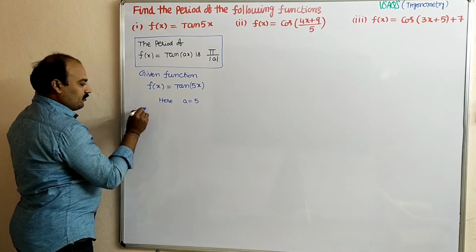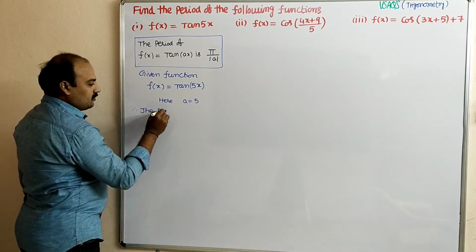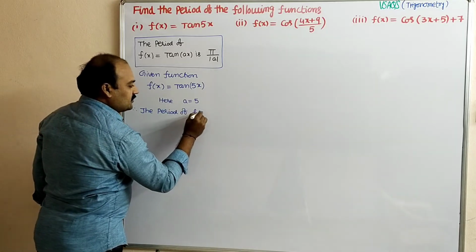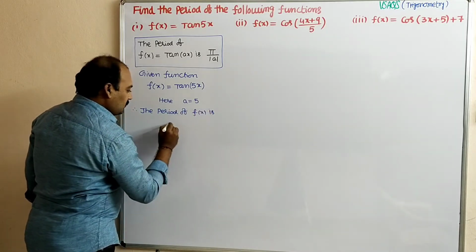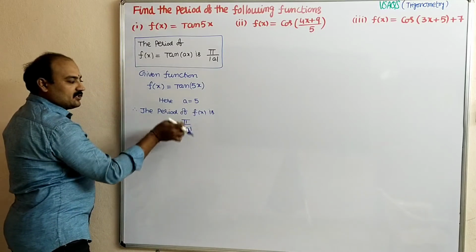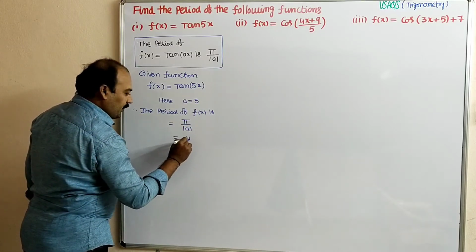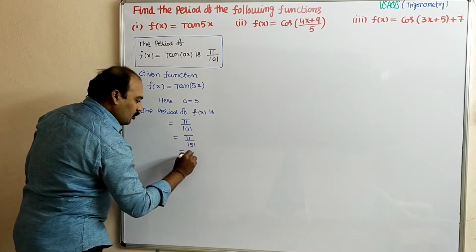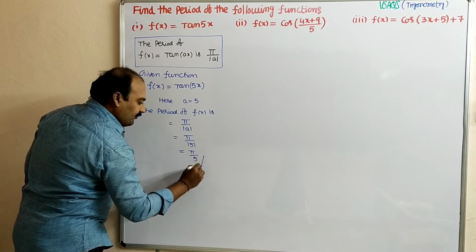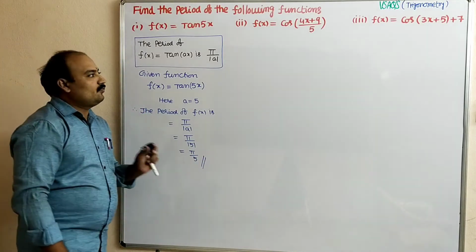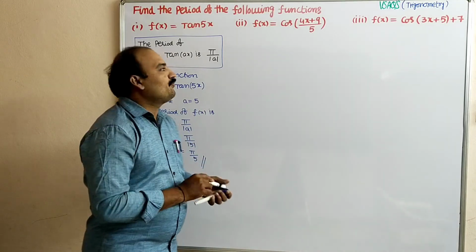Therefore, the period of the given function, the period of f of x is pi by mod a. In place of a substitute 5, which is equal to pi by mod 5, which is equal to pi by 5. Therefore, the period of the function is pi by 5. We'll move to the next question.